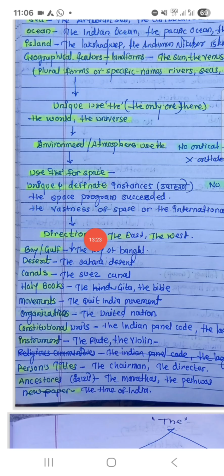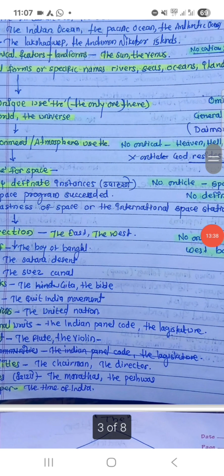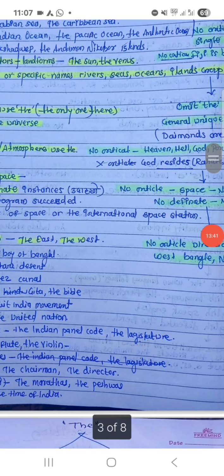The vastness of space, or the International Space Station. Here also use the in the vastness of space. It is present, that time we use the, it's a definite thing. Or the International Space Station, meaning the International Space Station is present here.